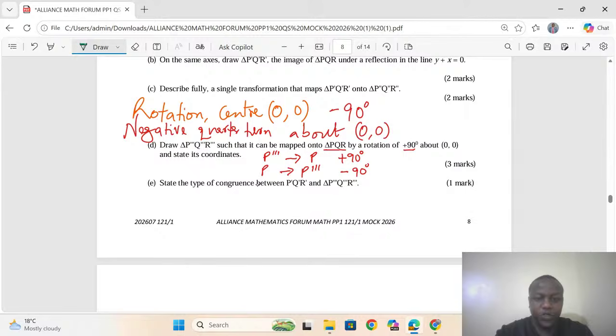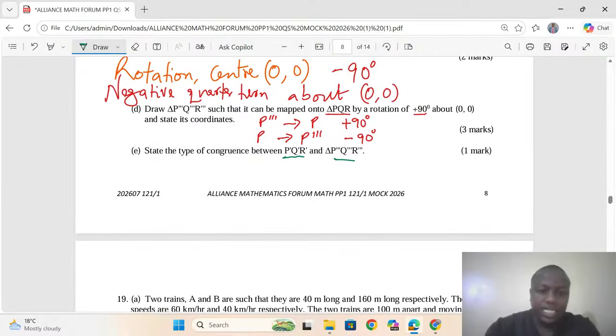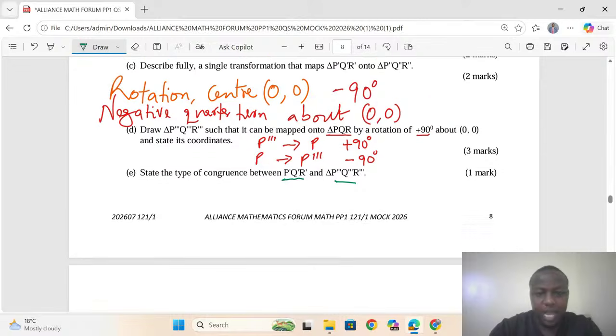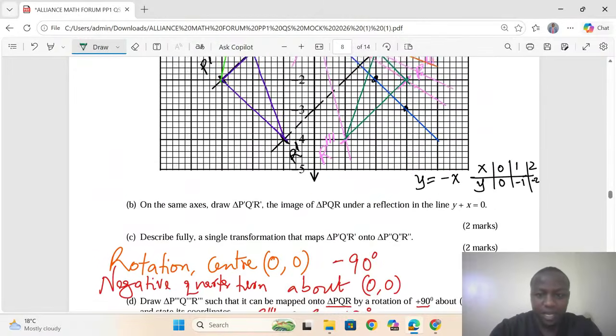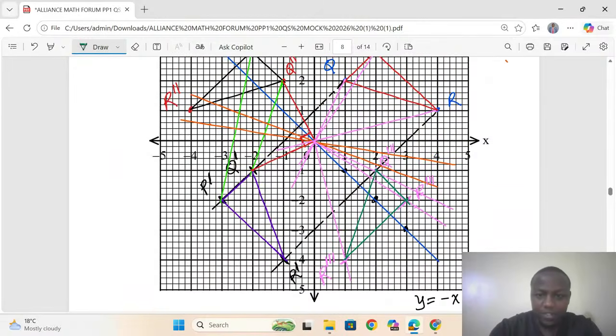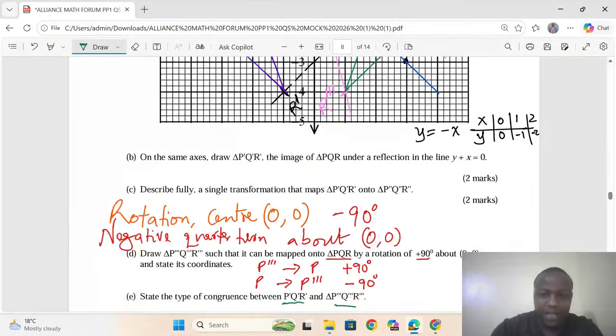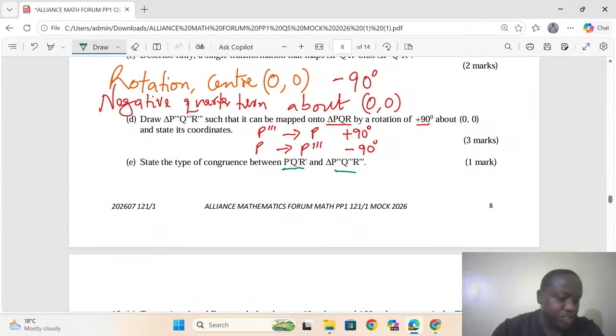At this point now, look at this. State the type of congruence between the first and the third image. For the type of congruence between the first and the third, we are supposed to identify the transformation first.